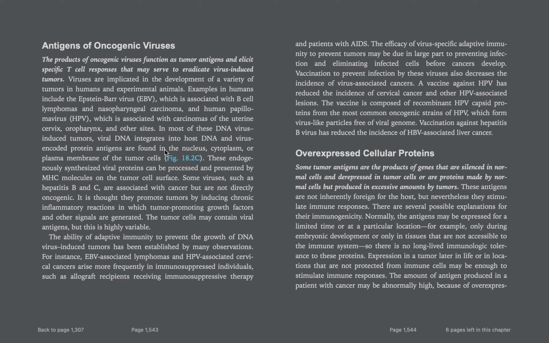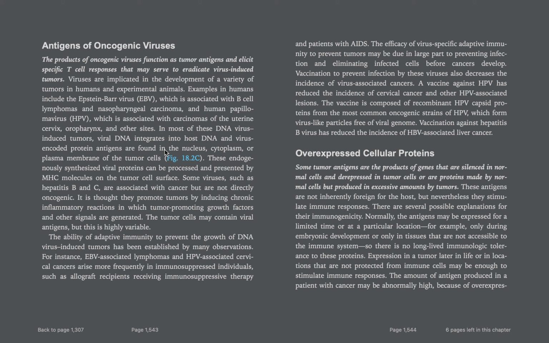Normally, the antigen may be expressed for a limited time or at a particular location, for example, only during embryonic development or only in tissues that are not accessible to the immune system, so there is no long-lived immunological tolerance to these proteins.